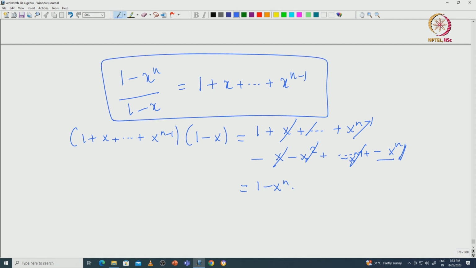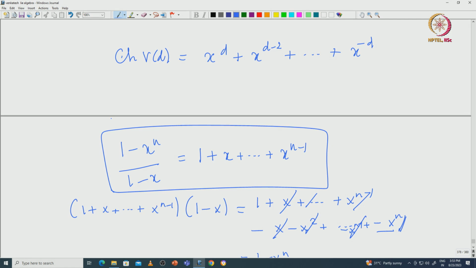Now, if you use this identity here, you can take out x power minus d. Then you get x power 2d plus x power 2d minus 2, which is x power 2 into d minus 1, plus etc. plus 1.